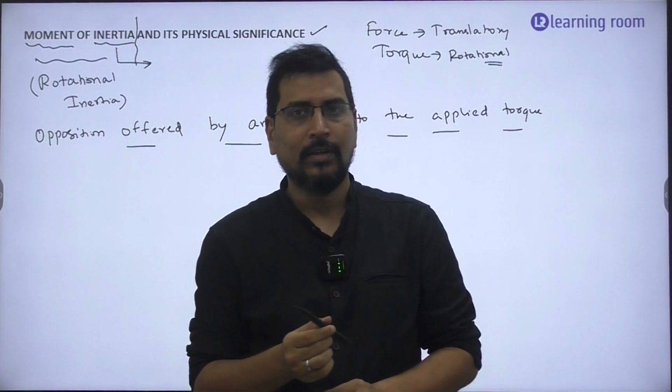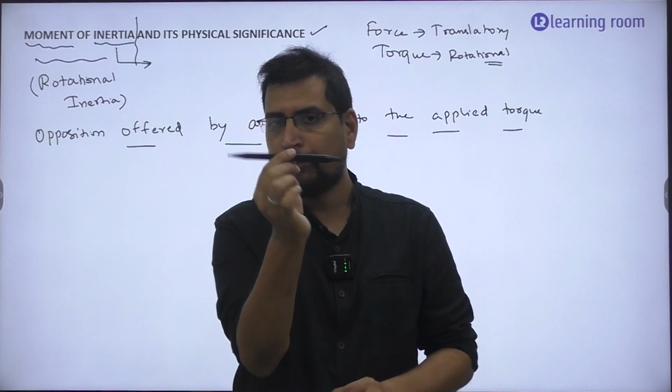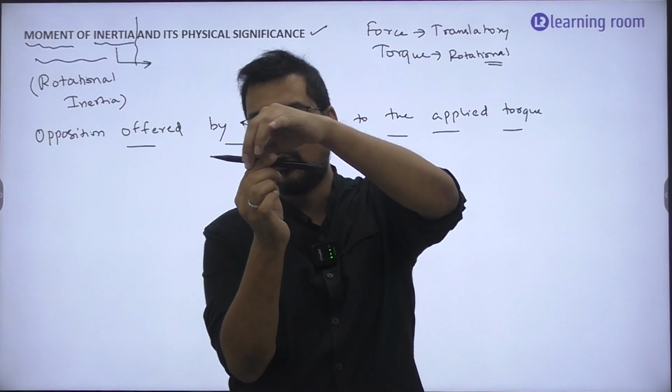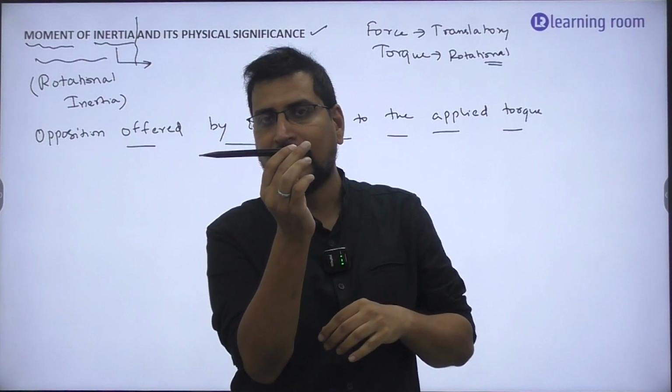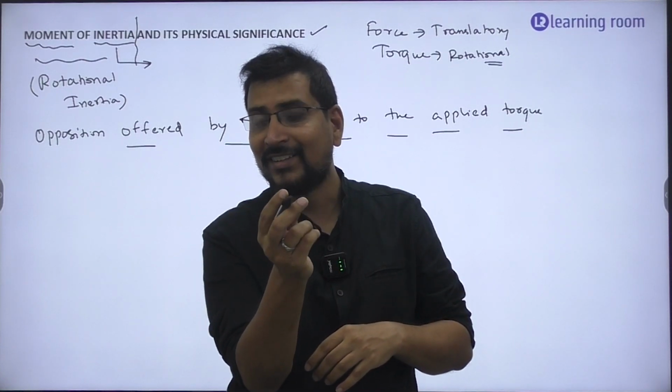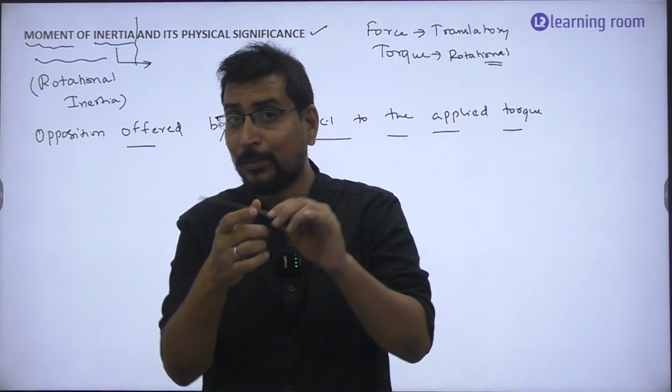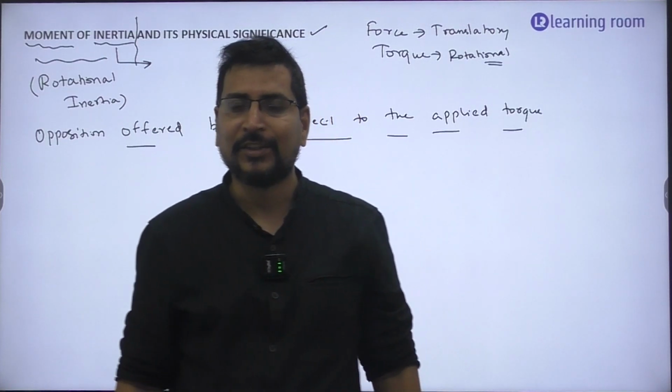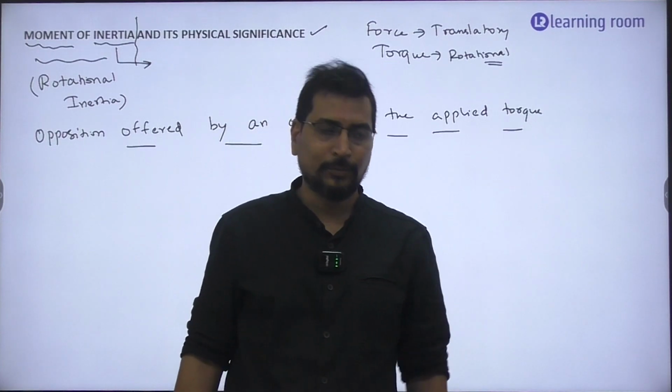But if you take the same pen and try to hold it at some other point and rotate it horizontally, you cannot do it as comfortably as you did with the axis of rotation being the center of mass. There is a reason for it.